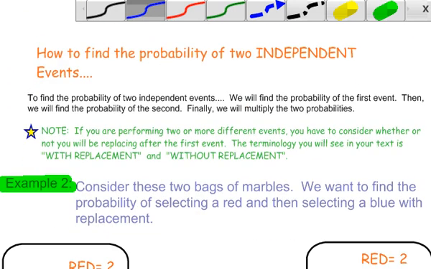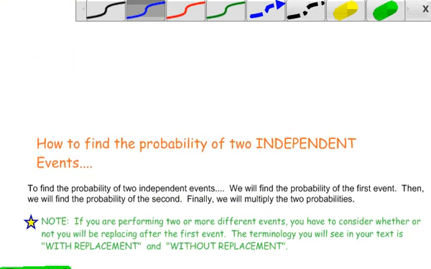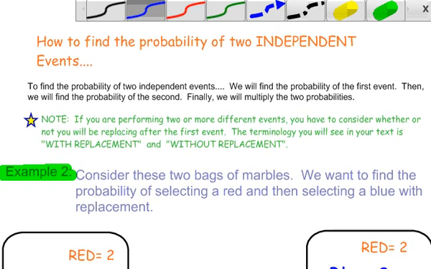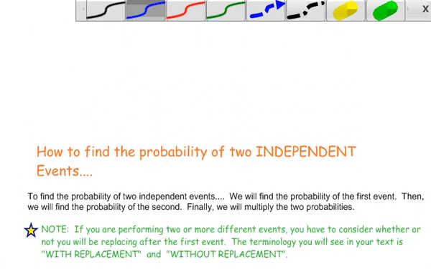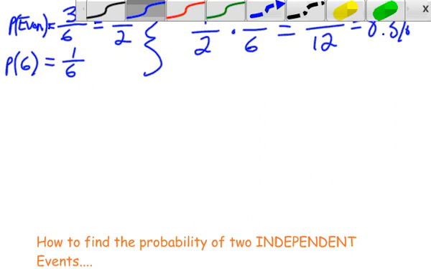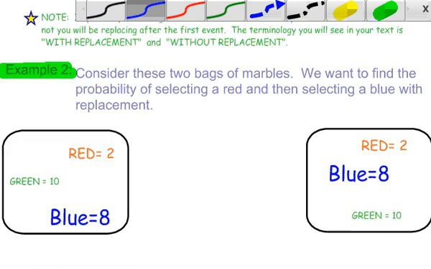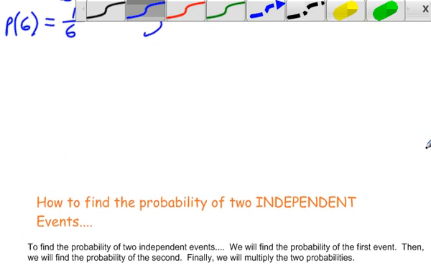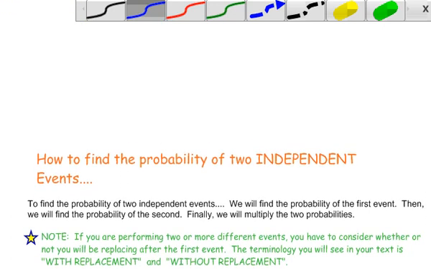Alright. Let's find out how to find the probability of two independent events. So here we go. To find the probability of two independent events, we will find the probability of the first event, then we'll find the probability of the second one, and finally we will multiply the two probabilities, just like we did in example 1.